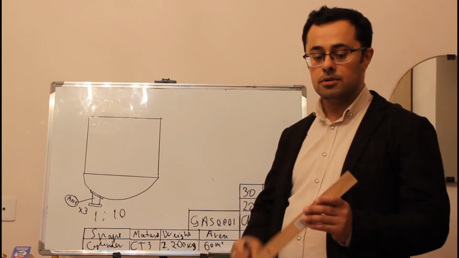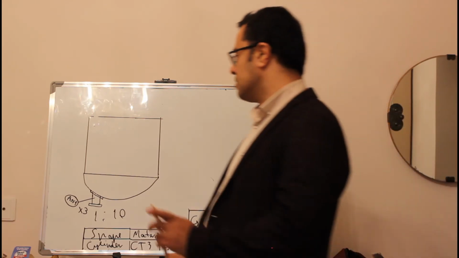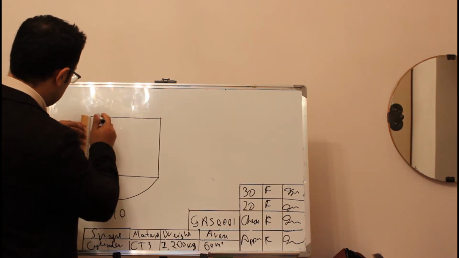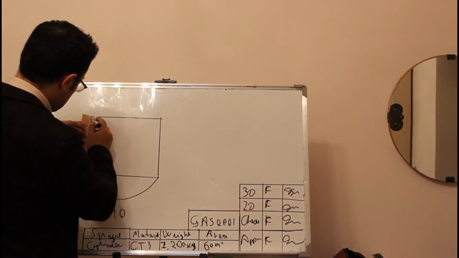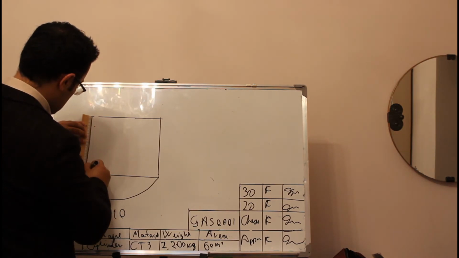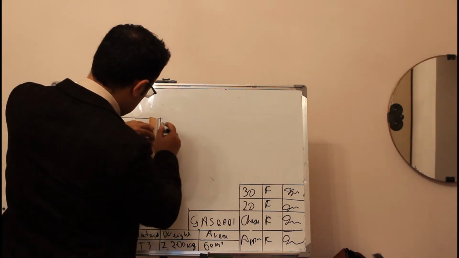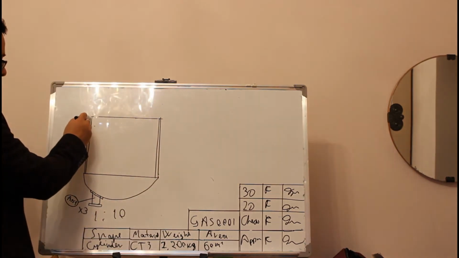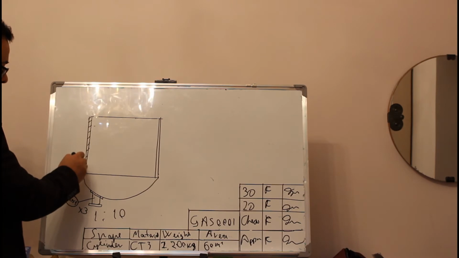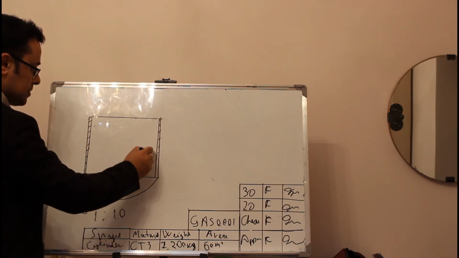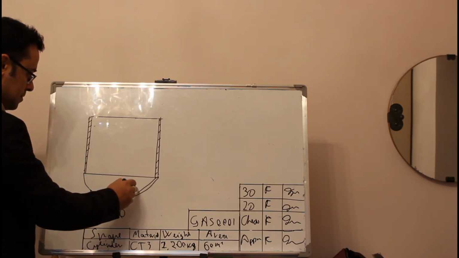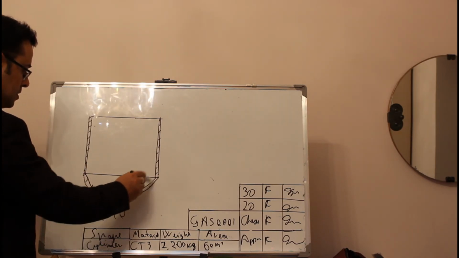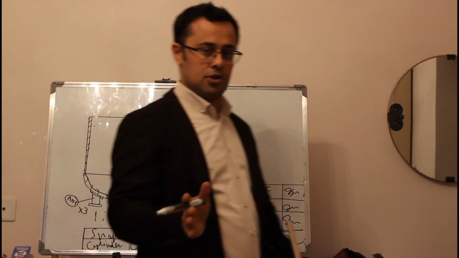Now I'm gonna continue with the walls of this thing. So I need to draw some walls. And these walls I do not like this because it's cross section. What is cross section?